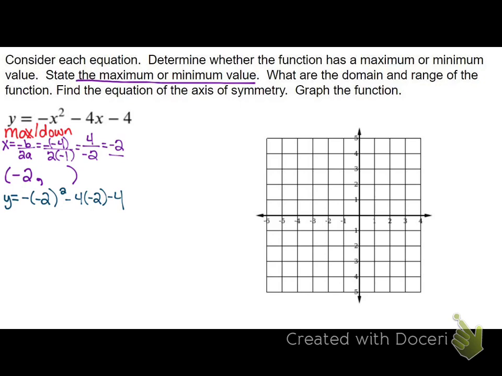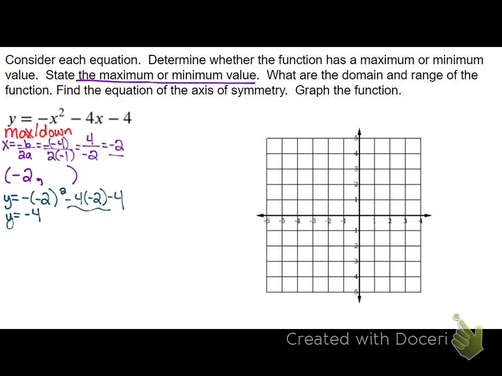All right. So when I go ahead and use PEMDAS, or order of operations, to simplify the equation, where do I start? Negative 2 squared. Negative 2 times negative 2 is positive 4. But then because I have the negative in front of the parentheses, I bring that down, so it's negative 4. Then what's negative 4 times negative 2?